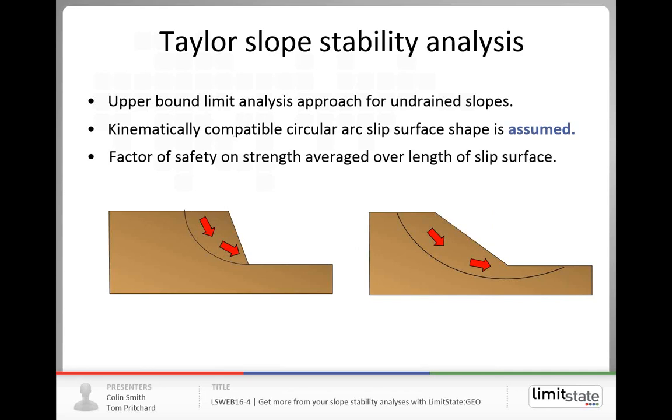Slightly more sophisticated, perhaps, is a Taylor slope stability analysis. This is focused on undrained slopes, assumes a circular slip surface, and Taylor looked at a whole range of different slip surfaces and found the optimal one that was most critical for collapse. But again, the output from that is essentially a factor of safety determined as a factor on soil strength.